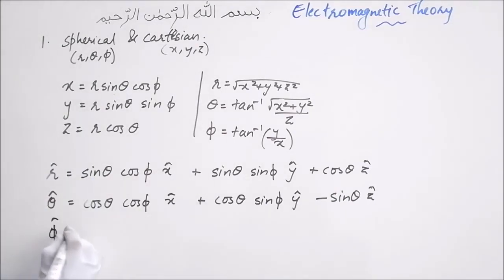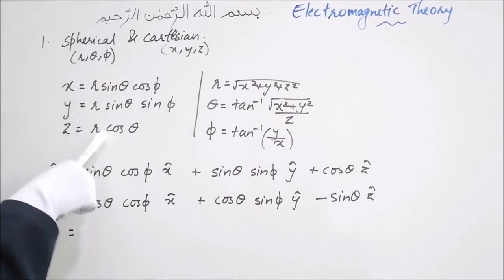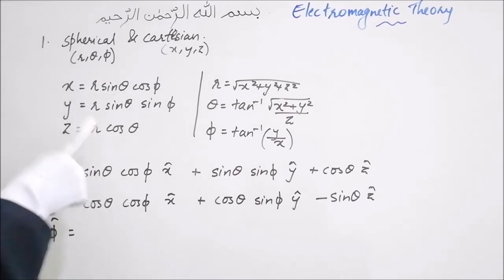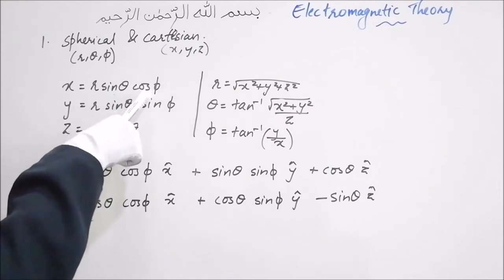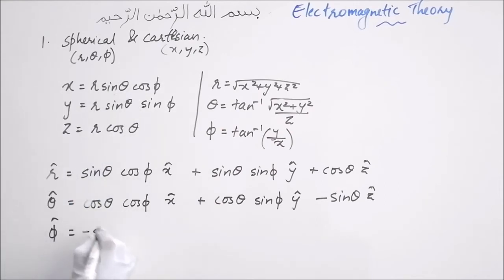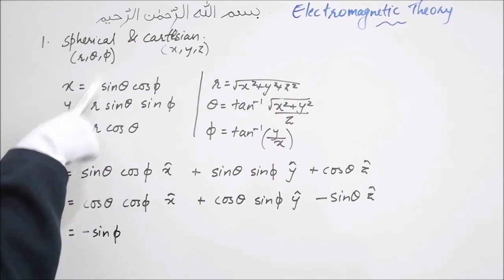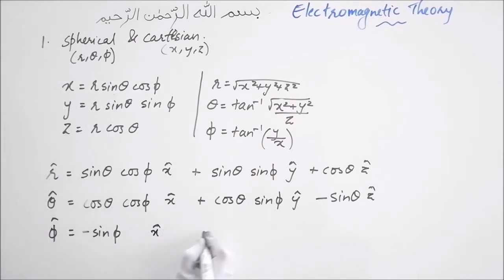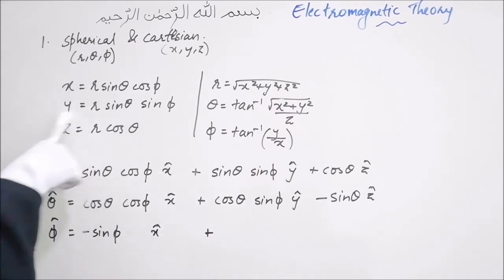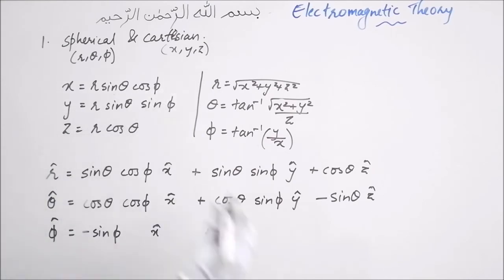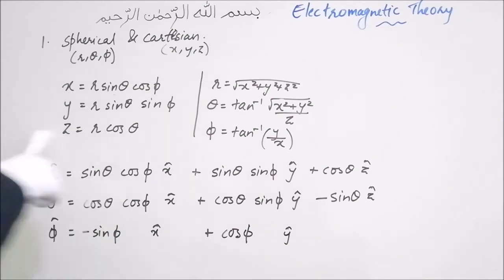For phi hat, we are going to ignore the r and theta terms and differentiate with respect to phi. Cos phi will become minus sin phi, so we have minus sin phi x hat, plus differentiation of sin phi will be cos phi y hat. Here we do not have any phi term in z, so we'll ignore z.